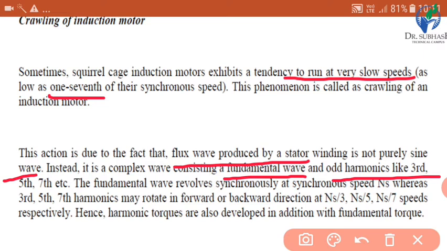If we define the third harmonic, the frequency of the third harmonic will be 3 times the fundamental frequency. For example, if there is 50 Hz frequency, then the frequency of the third harmonic will be 150 Hz, and the amplitude of the third harmonic will be 1/3 of the fundamental wave.